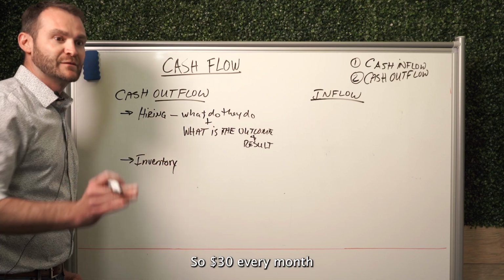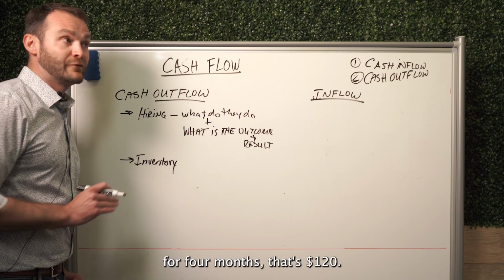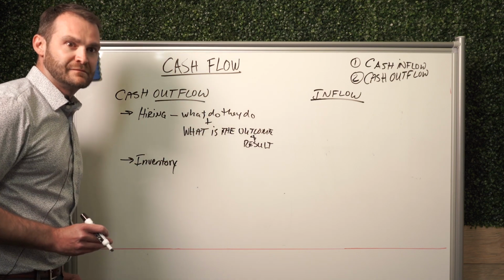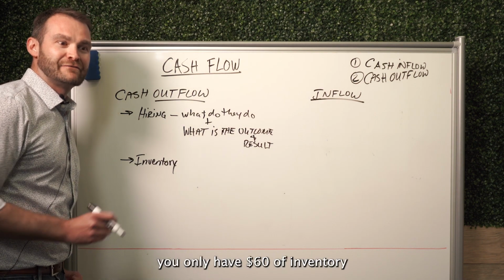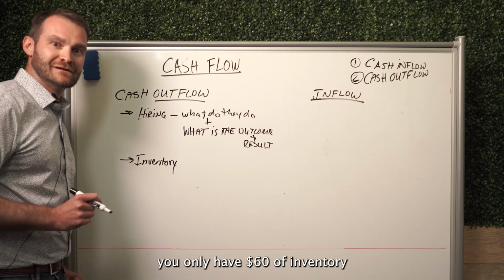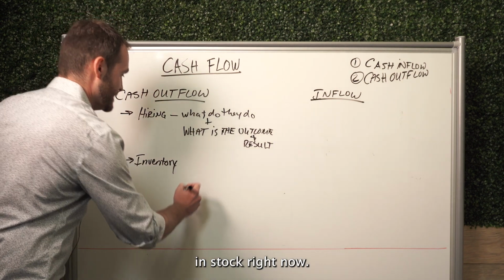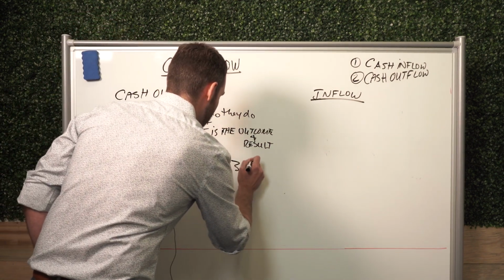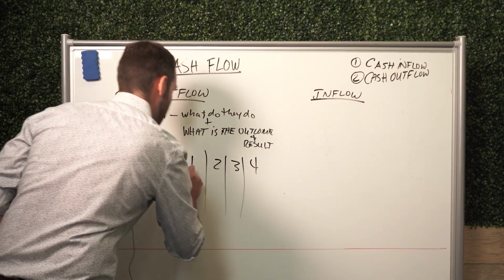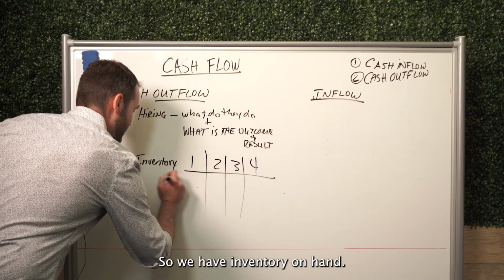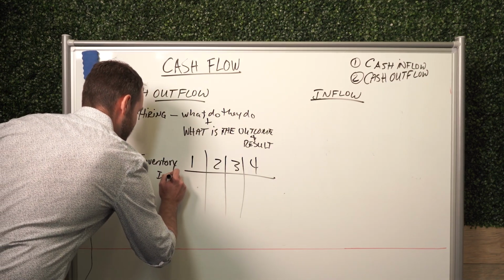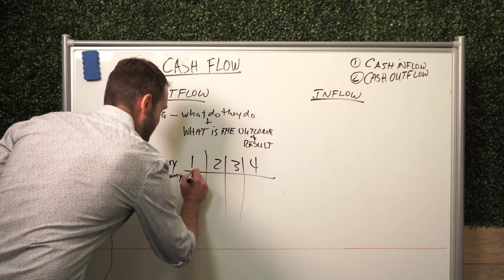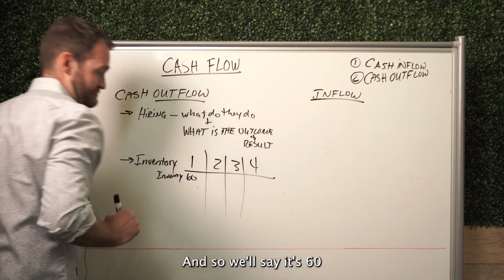So $30 every month. Okay, for 4 months, that's $120. But let's say you only have $60 of inventory in stock right now. So we have inventory on hand, and so we'll say it's 60.